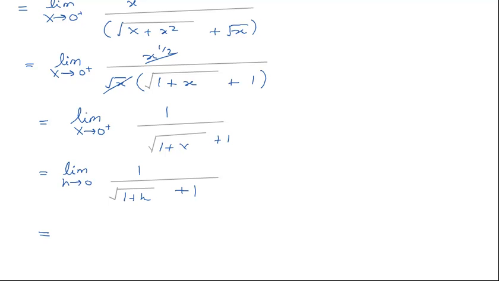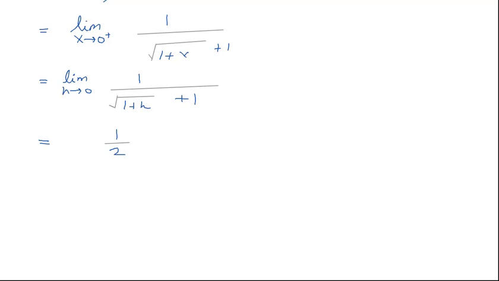On substituting h = 0 we get 1 over (1 + 1), which is equal to 1/2. So we can say that the right hand limit is equal to 1/2.